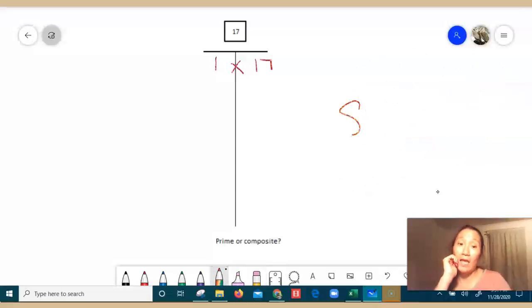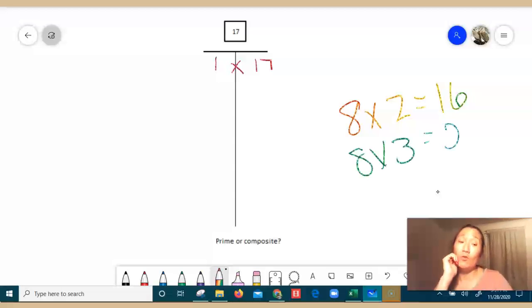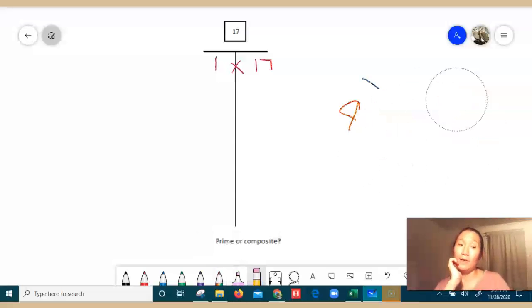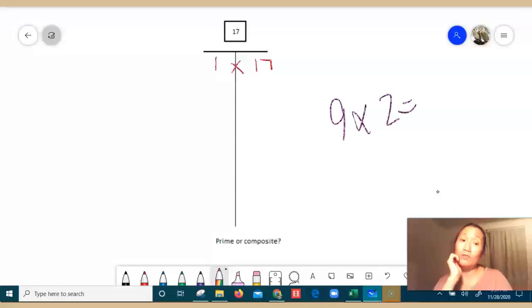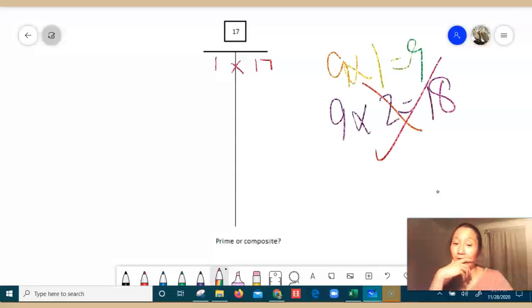How about 8? 8 times 2 equals 16. 8 times 3 equals 24. Nope, that does not work. Okay, how about 9s? 9 times 2 equals 18? Nope, because 9 times 1 equals 9. That'll never work.